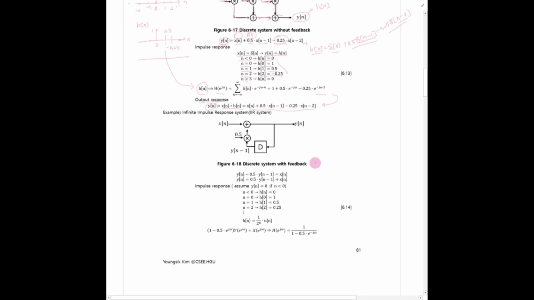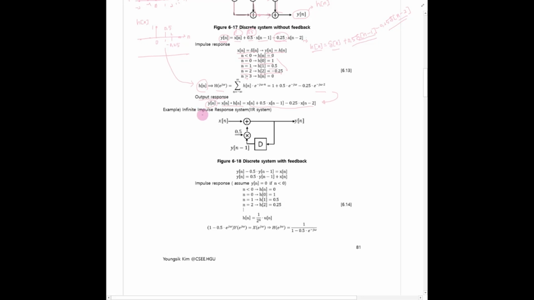The next example is the infinite impulse response system. Here the output is tapped back to the input, so we can express y[n] in this way. x[n] and 0.5 of the previous output becomes the next output.